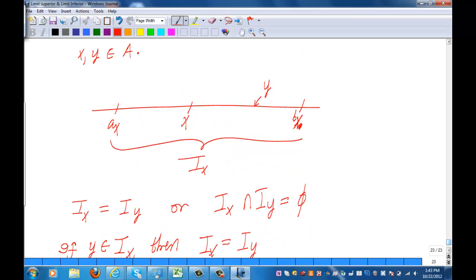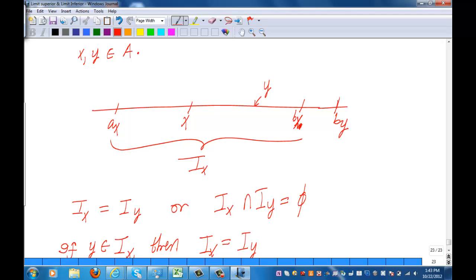Well, suppose you think that maybe By is bigger. I'm not giving you a detailed proof here, but I'm saying what can go wrong. If you think that By is bigger than Bx, I don't care right now what Ax, Ay are. Well, that's a problem, because that would mean I have an interval from Ax to By entirely inside of A, which contains X, but I took Bx to be the largest possible.